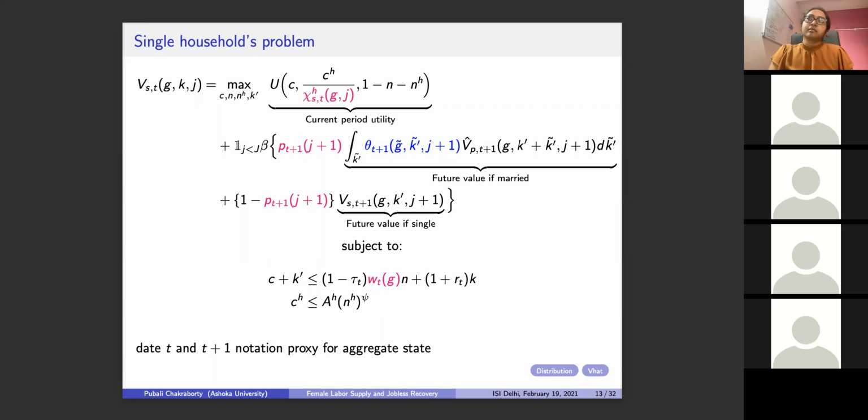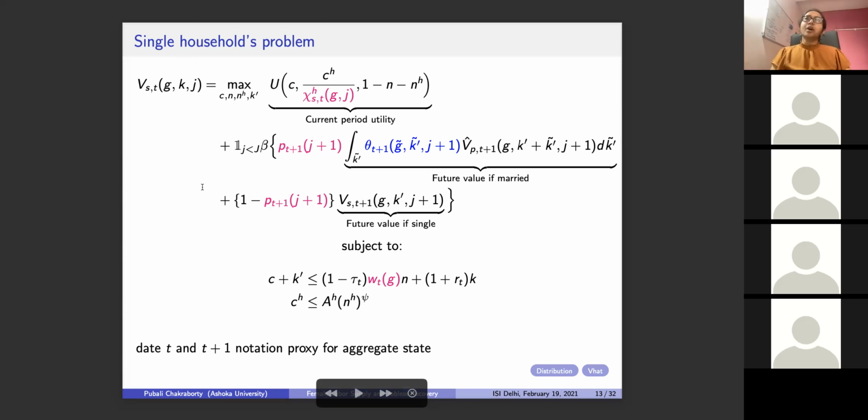So do you want to say something about that? I think you're right. This is the way I would think about this single household problem: the partner's income is not going to play a role here because this single household has not been matched at this point.